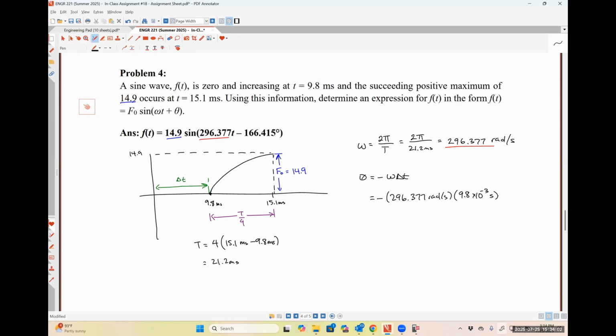I want an angle in degrees because our result was given to us in degrees. So I'm going to multiply this by a conversion factor of 180 degrees per pi radian.